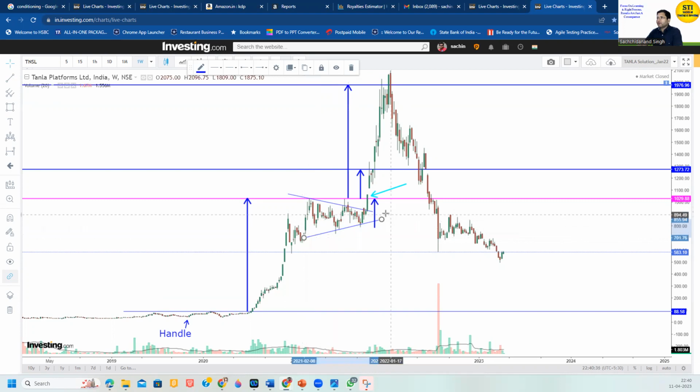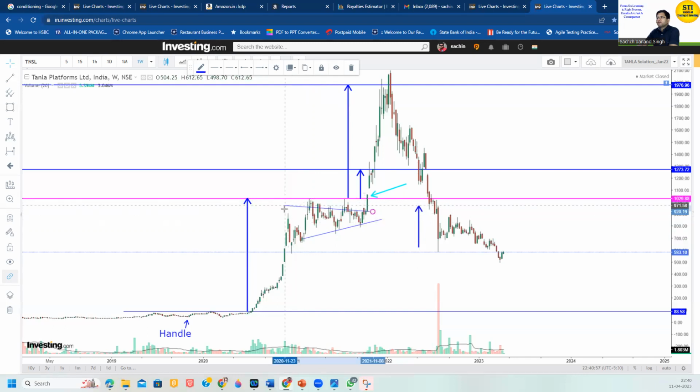If it is a rectangular one, then for the first target you need to decide based on which side has the highest width of this particular flag; that particular height will be treated as the first target.